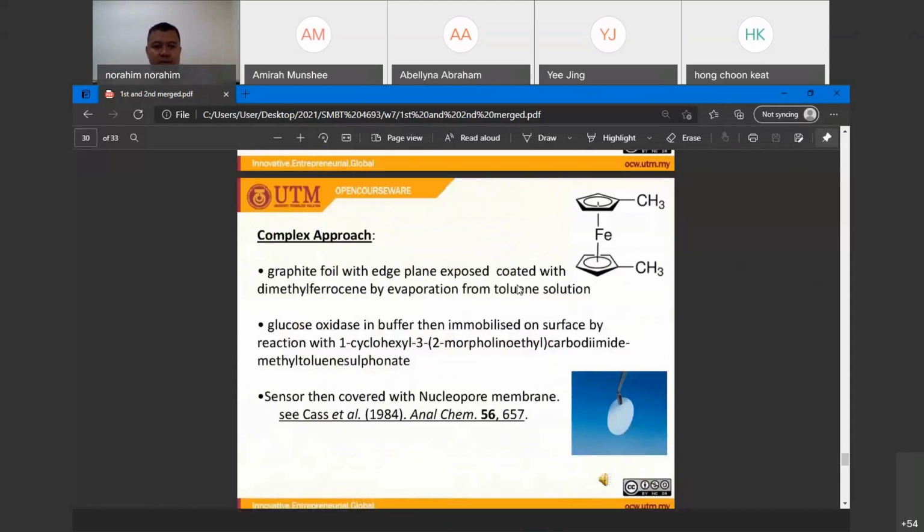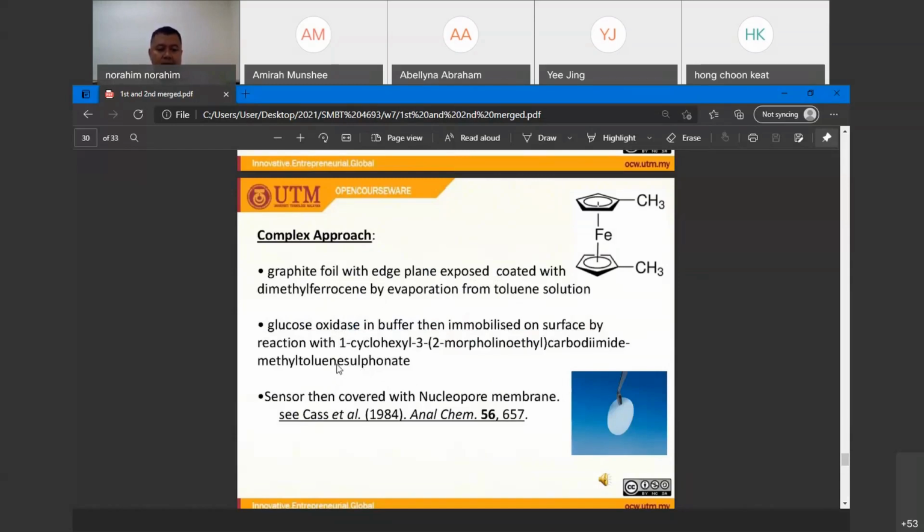There's another, more complex approach. Ada yang lagi susah sikit. You can use a graphite foil with the edge plane exposed, coated with ferrocene or dimethyl ferrocene, using an evaporation method. You use toluene. You dissolve your ferrocene in toluene, and then you coat it, you letakkan di atas your electrode surface. Then you put glucose oxidase in buffer, then immobilize it on the surface by reaction of this toluene sulfonate.